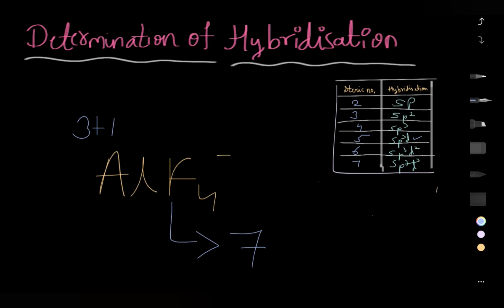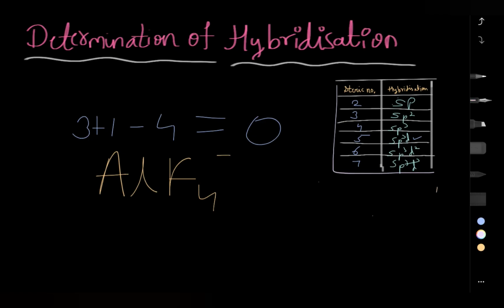Then there are 4 fluorines, so it will need 4 electrons, minus 4 here. Minus 4 will come here, and it becomes 0. The number of lone pairs remaining on the central atom is 0.